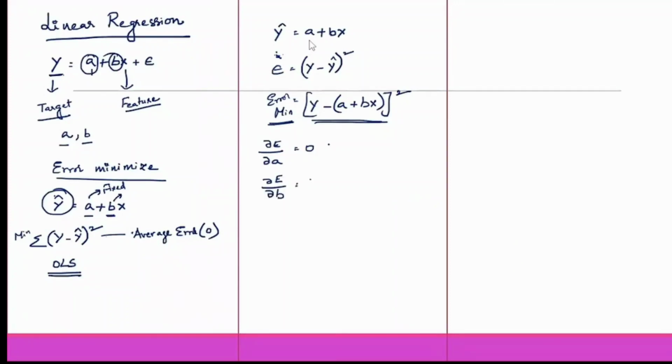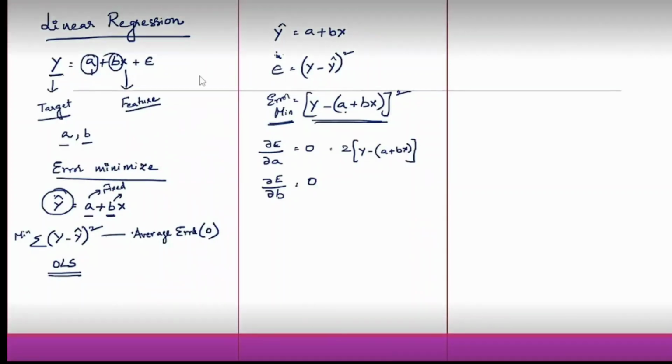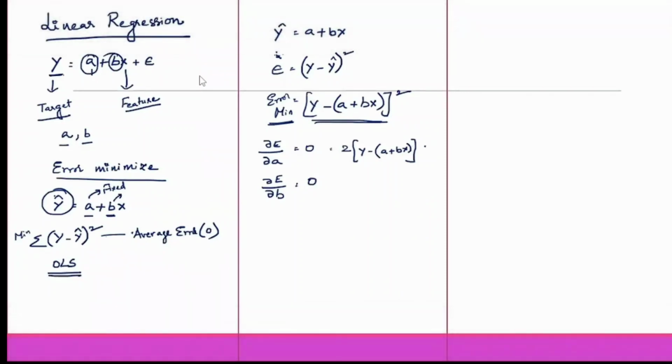So you could very well find the derivative of this with respect to A, which is nothing but A plus BX, and for A it is a kind of a constant.